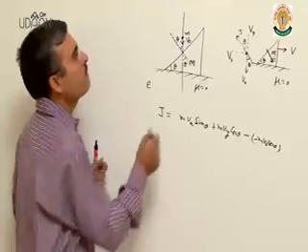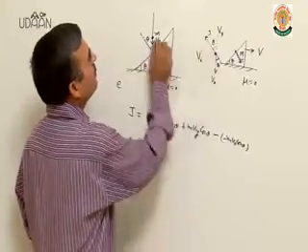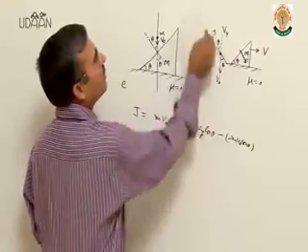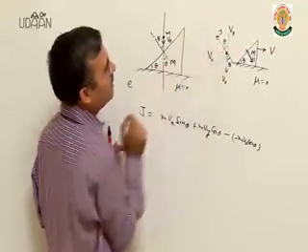I repeat it: the impulse on the small m ball is along the normal this side. Let this side be positive.